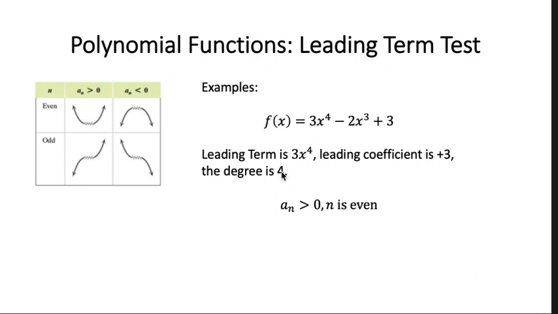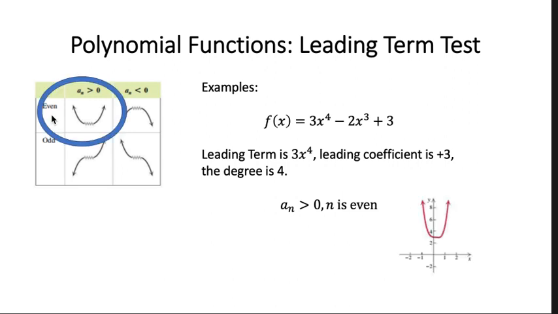And the degree is 4. So a sub n is positive because it's positive 3. The degree is even. So we expect the graph to have this general shape, this U-ish kind of shape. And this is indeed the graph of that function. Hope that's making sense. Let's look at another example.